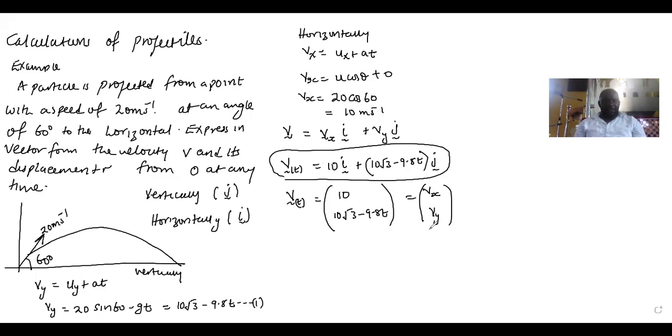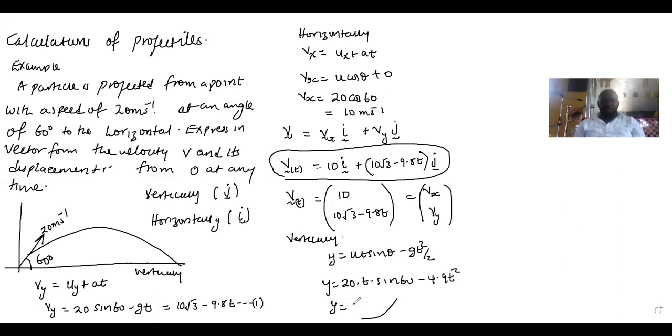Now, secondly, they have also said express its displacement r. Now, vertically, what is the displacement? y is always ut sine of theta minus gt squared over 2, which is the equation for the vertical displacement. So y will be 20 times t times sine of 60 minus 4.9t squared.